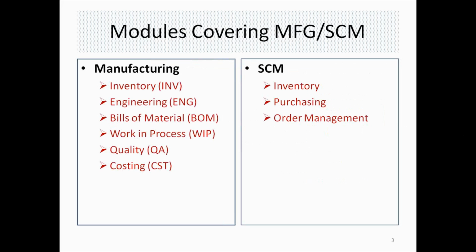Now, when coming to manufacturing SCM, this is an area, this is a track. In manufacturing, there are these many modules: inventory, engineering, bill of materials, work in process, quality, costing. When I say inventory, inventory is all about the material. Material is nothing but raw material, finished goods, and all that.